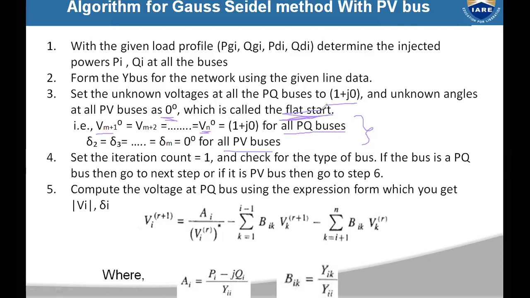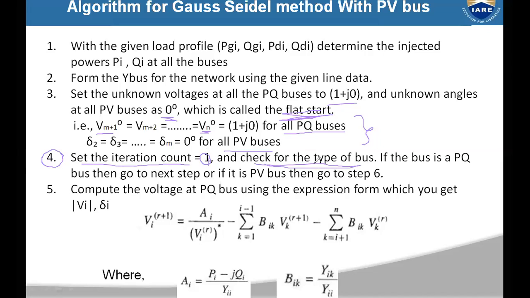Then after setting specific values to the unknown variables, you have to start the iteration process. Now set the iteration count to 1. That means you start the first iteration and check the type of the bus.